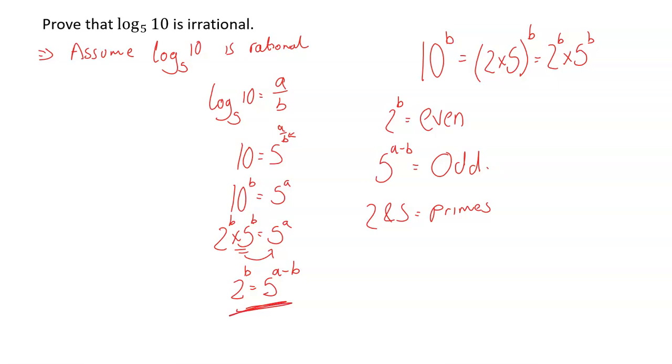So that cannot be true for integer values of a and b, which are part of what we need in order for this fraction here to hold, the a over b, and for it to be rational. So this contradicts the fact that we assume log to the base 5 of 10 is rational. So it contradicts the contradiction, and that then means that the original is true.